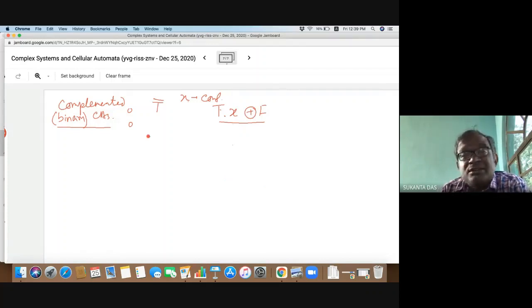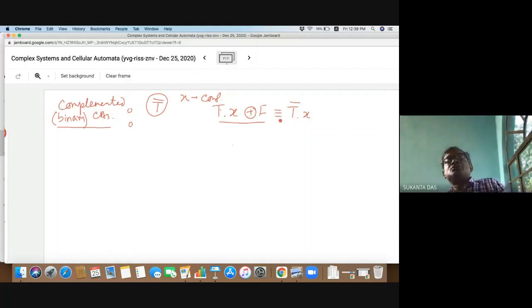So that we have discussed. Now here I am defining a new operator T bar. How does it work? I am writing it as T bar dot X. But this dot is not a simple multiplication, it's an operator. Although it looks like multiplication, it is not. So when I write T bar into X, it actually means this one.